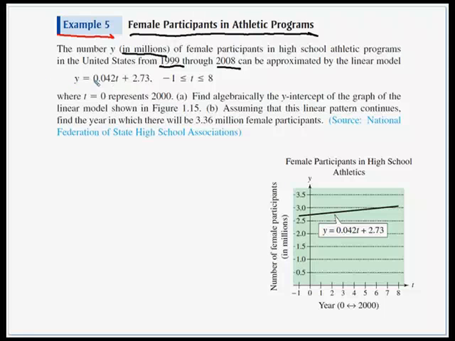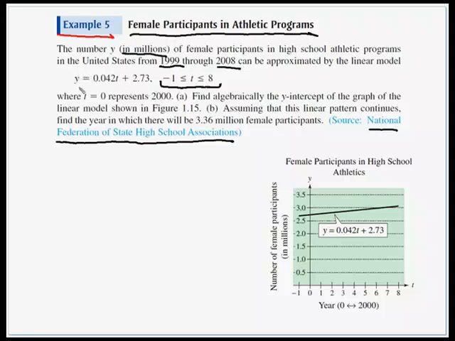Y equals 0.042t plus 2.73, where t is time in years, for t values between -1 and 8. And this data does come right from the National Federation of State High School Associations.